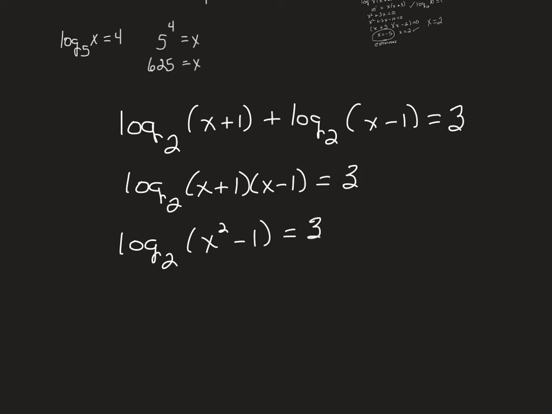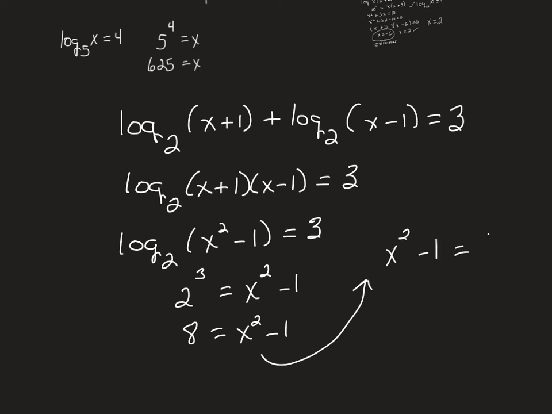Now I can rewrite this as an exponential equation. 2 cubed equals x squared minus 1. And 2 cubed is 8. Okay, I'm going to let these switch sides, x squared minus 1, just my preference. You don't have to do this.